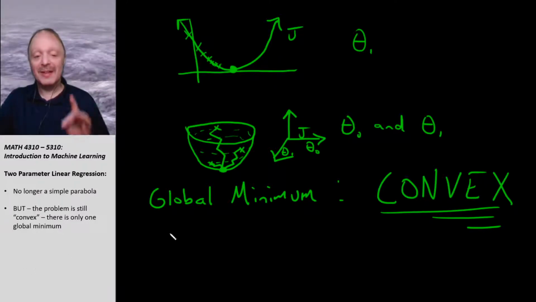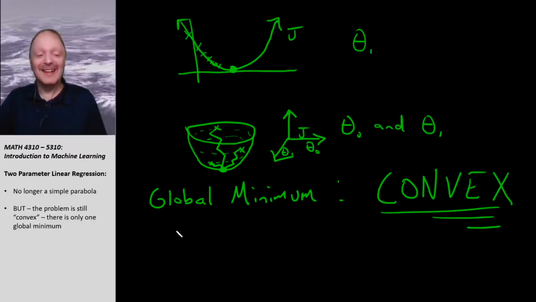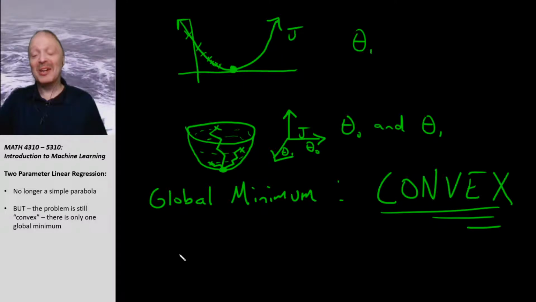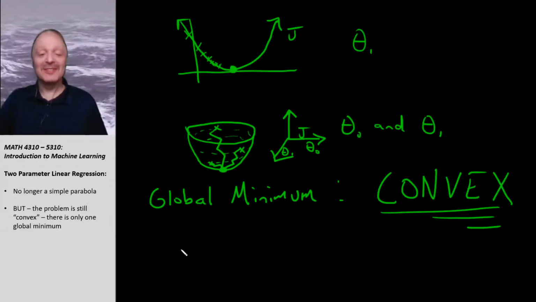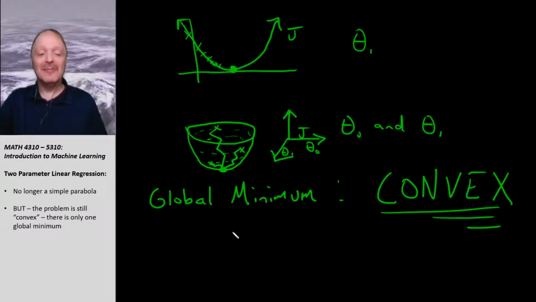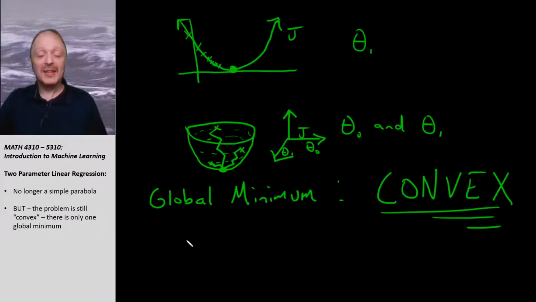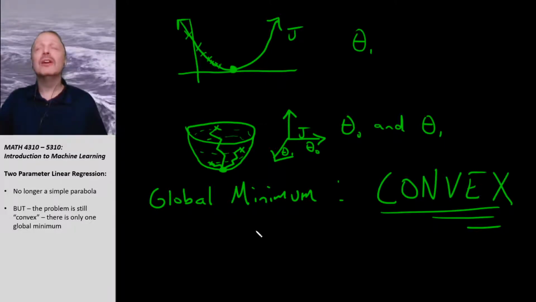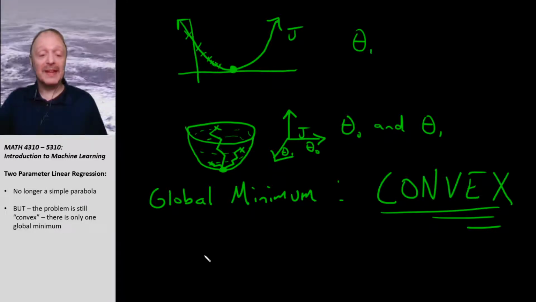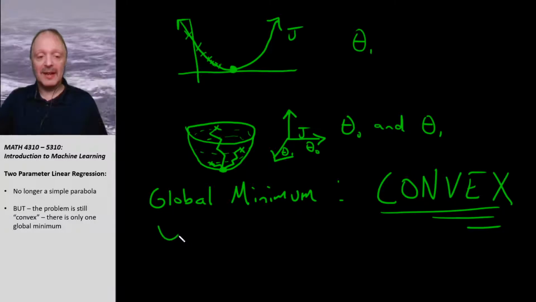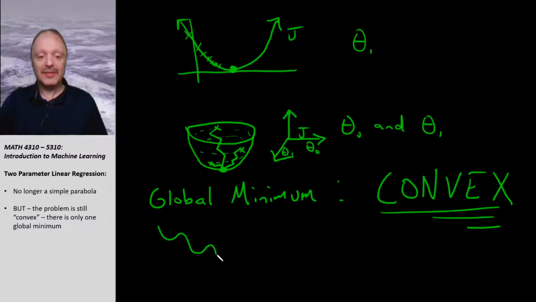That is not what it looks like in many problems out there. As a matter of fact, once you go past 2 parameters, you're no longer guaranteed. If I had 38 features, I'm going to have tons of local minima that I can get trapped in. To give you an idea of what I'm talking about, you could have something like this.